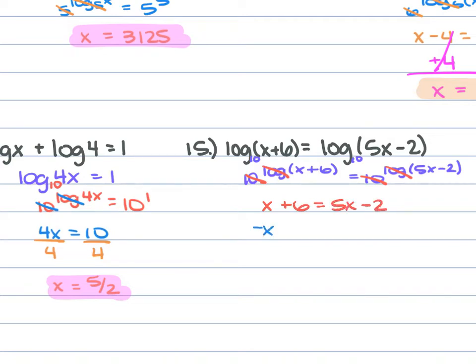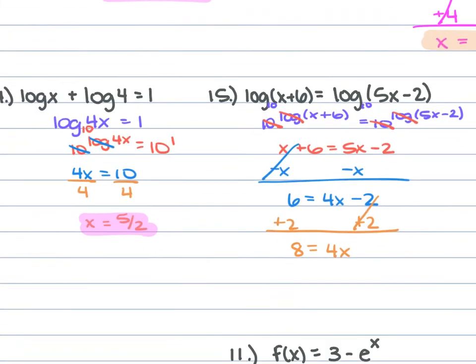We're going to move the x over by subtracting it from each side, so we get 6 is equal to 4x minus 2. We add the 2 to both sides, and we get 8 is equal to 4x. So from here, we're going to divide each side by the 4, and we get that x is equal to 2.